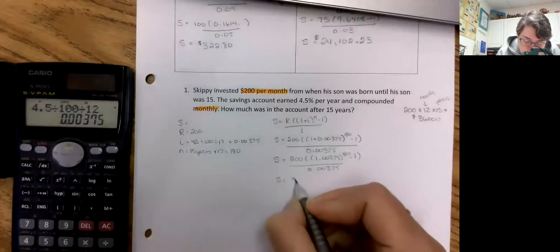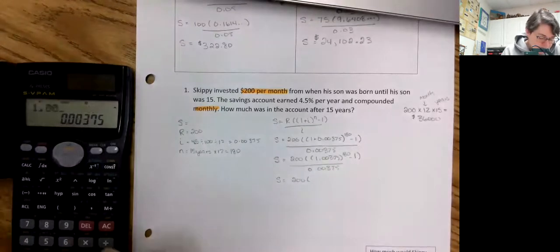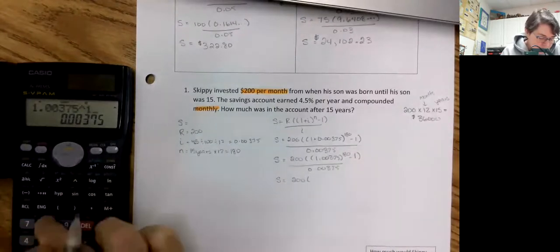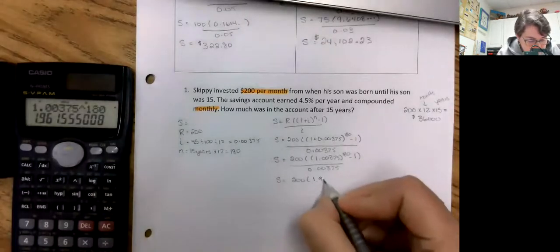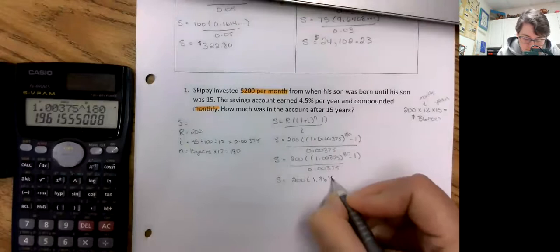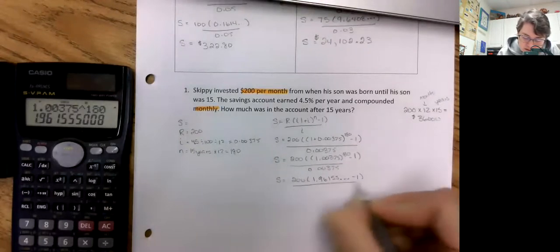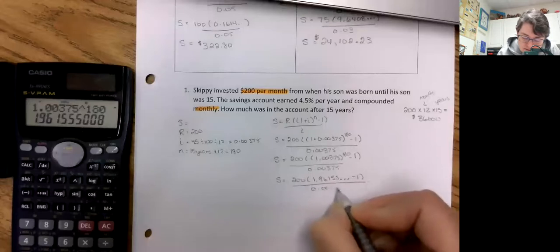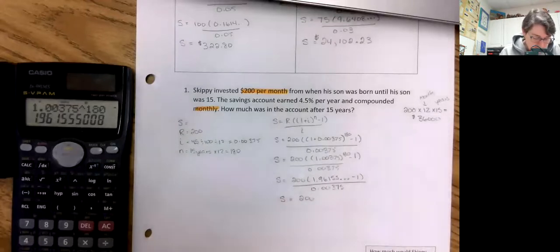S is equal to 200 times 1.00375 to the power of 180, which is 1.96155 and so on, minus 1, over 0.00375. Now we're going to subtract our 1.